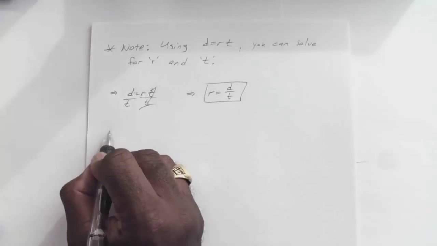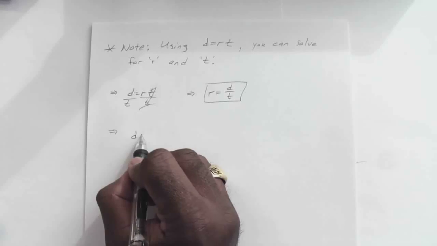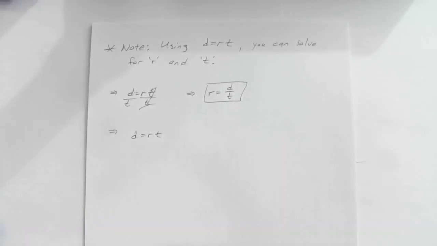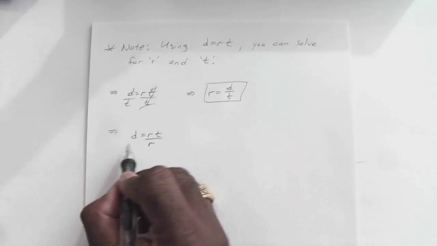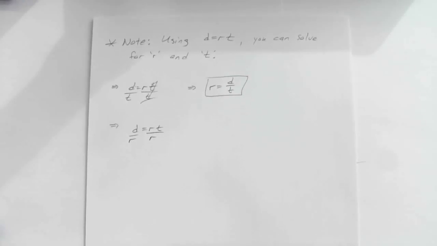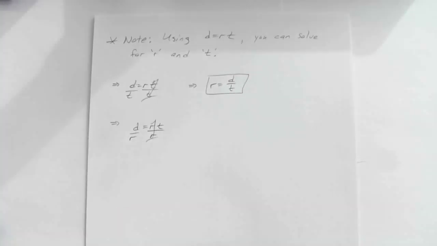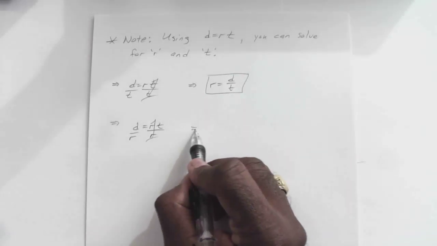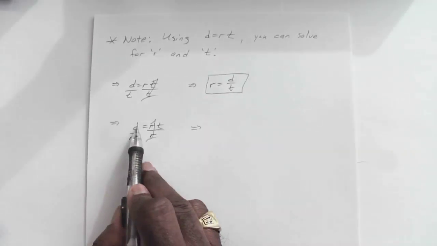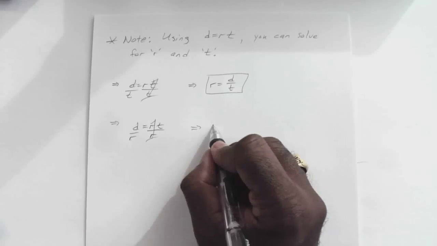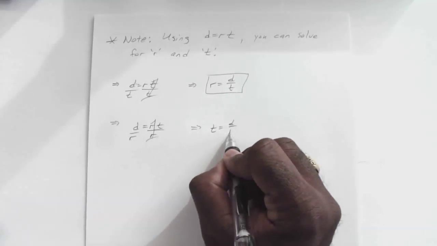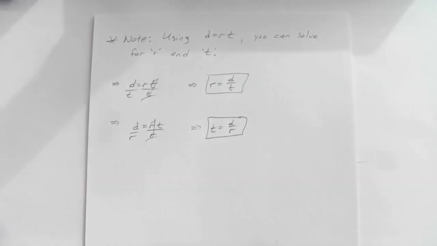Or, let's say you have distance equals rate times time, and you divide both sides by r. Again, anything divided by itself is just going to be 1. So you have time is equal to distance over rate. Okay. So as long as they give you 2 out of the 3, you can solve for whatever's missing.